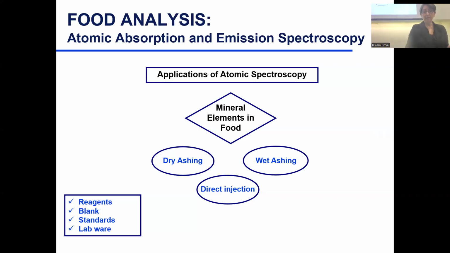Obviously, we need standards, so we can have standard curves and determine the concentration using the equation of the line. And very important for this analysis is that everything we use, all the containers, glassware, volumetric beakers, tubes, everything has to be acid washed.